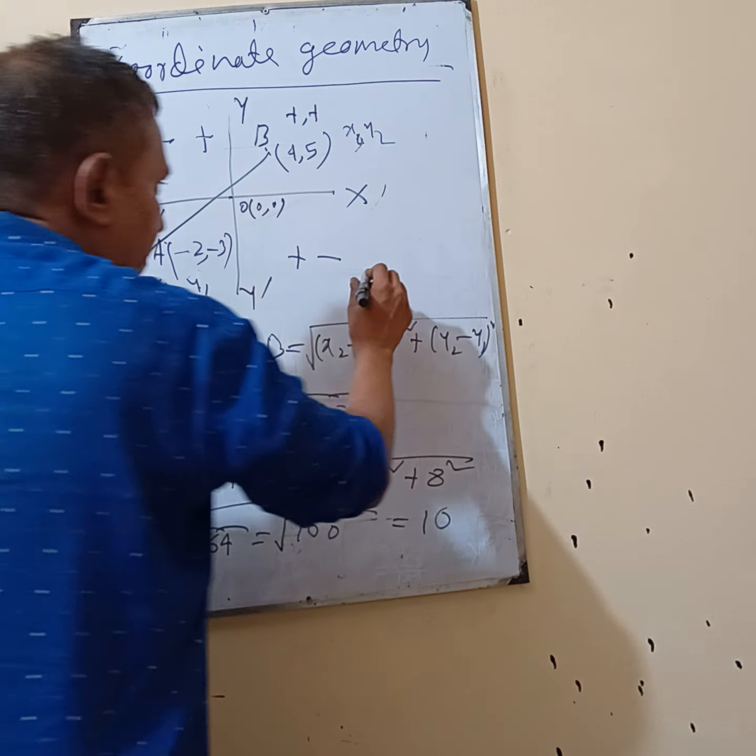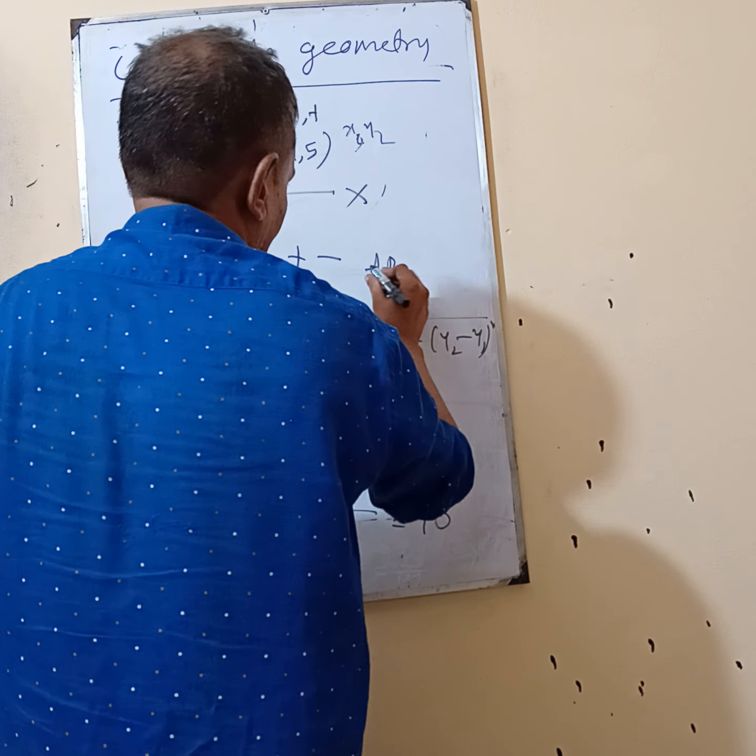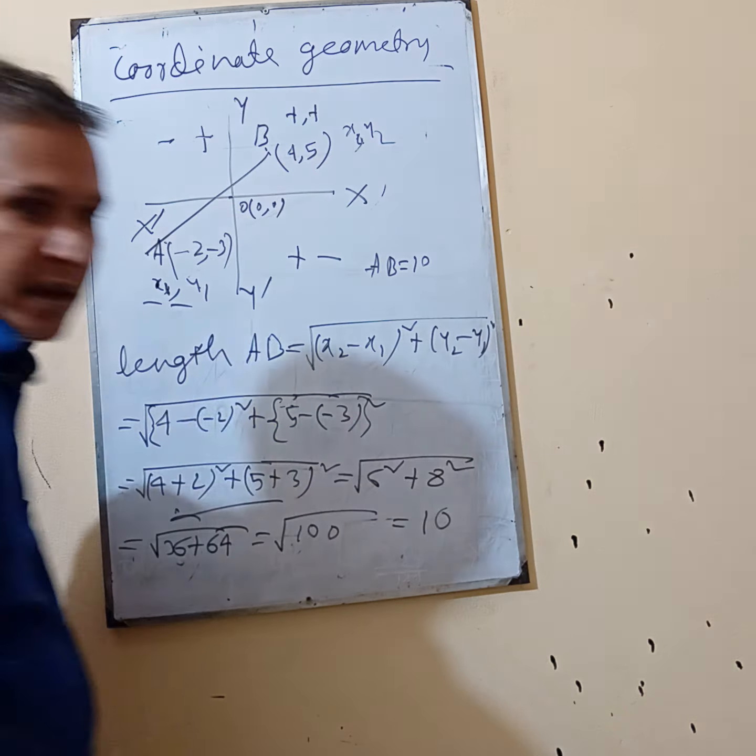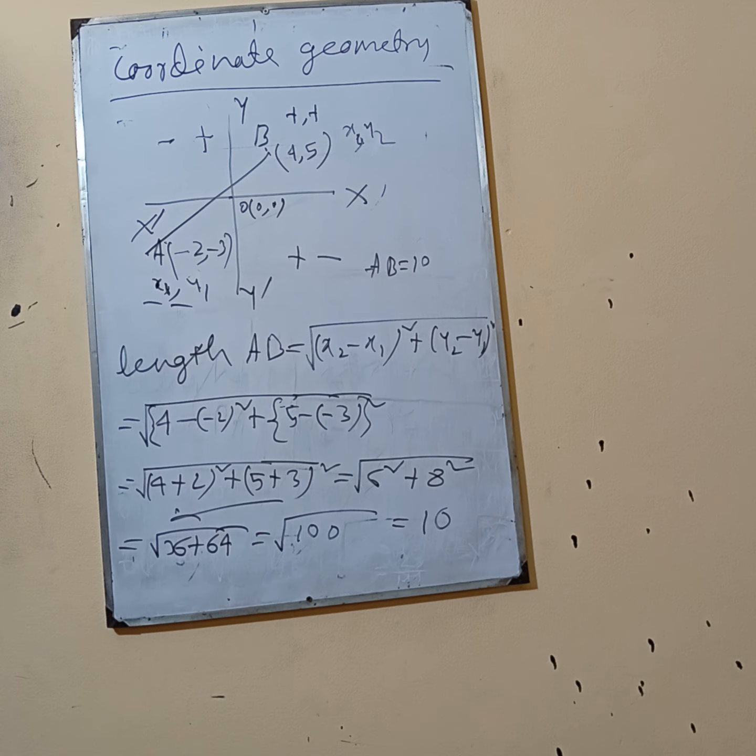So the length of AB is equal to 10. Write down please. This is the coordinate system.